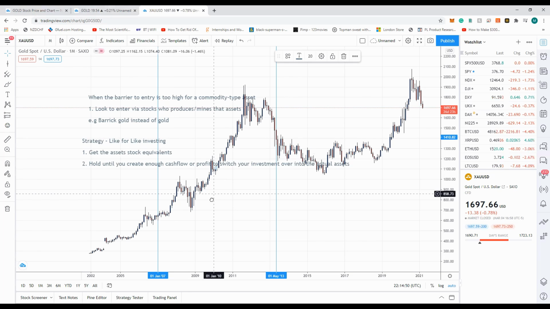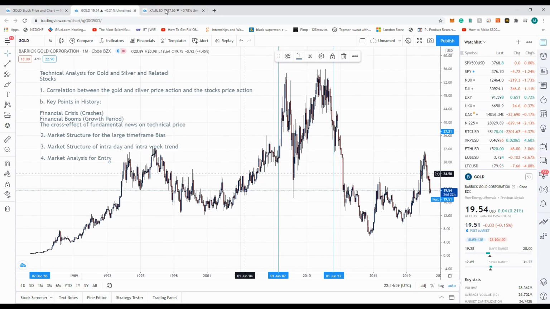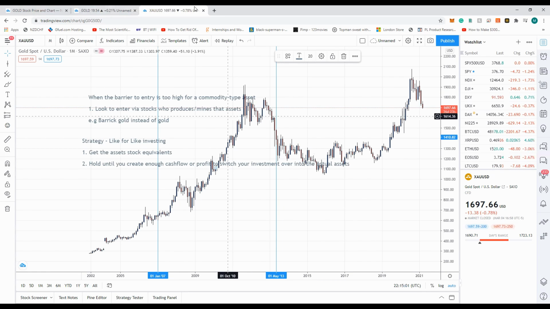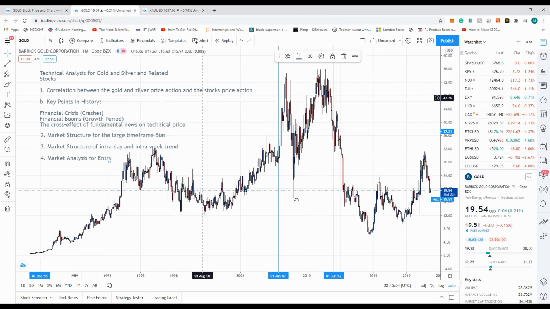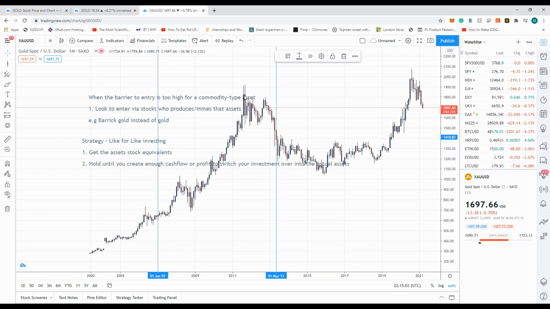It's possible to get that, but it's a lot more difficult to get £100 worth of gold compared to £100 worth of Barrick Gold stock. And if you do get that, then that's cool. But if you don't, then at least you can go from £100 to $300, and your aim is not to be holding the share, but rather to gain enough money so that you can get into the asset that you want.